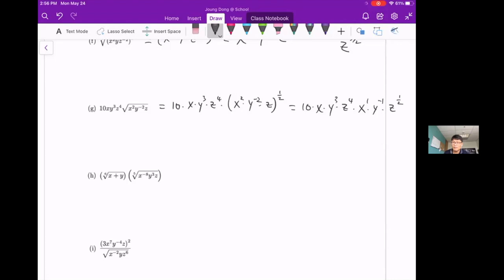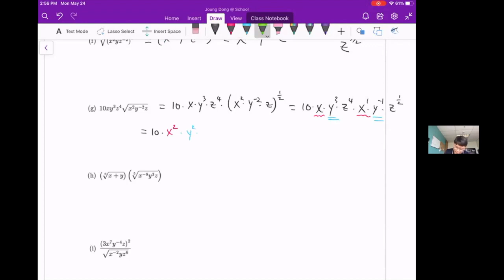And let me take care of the like terms. First of all, the coefficient 10, it is only one coefficient, okay? So we're going to keep that one. It is 10. And we will talk about like terms, x and x to 1. Well, x to 1 times x to 1 is x squared, right? And y cubed and y to the -1, and 3 plus -1 is y squared, right?